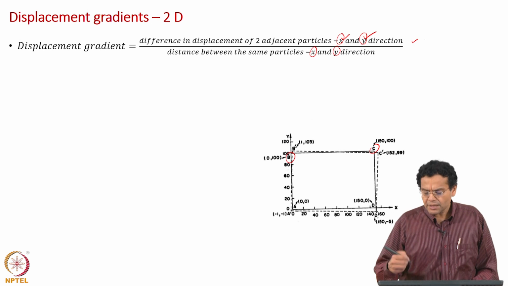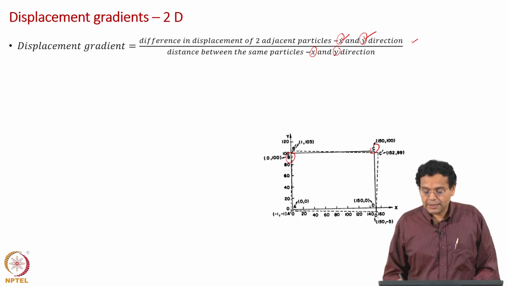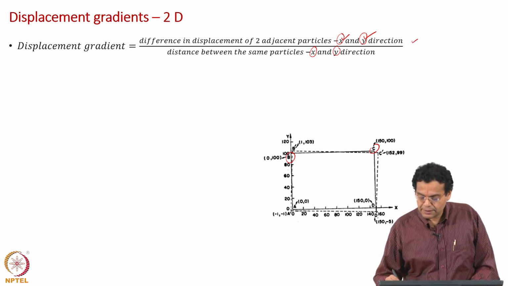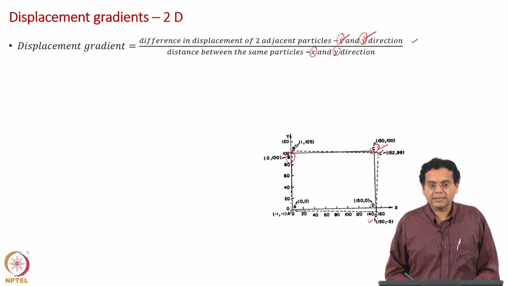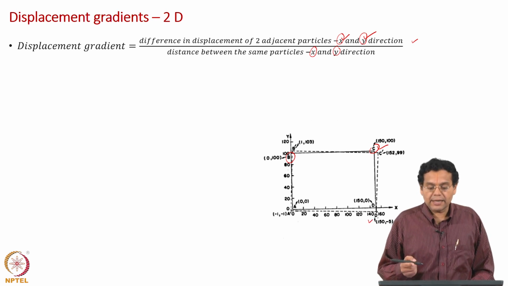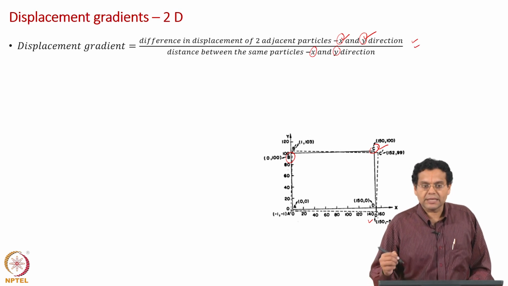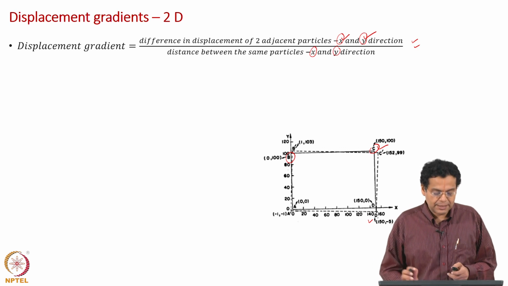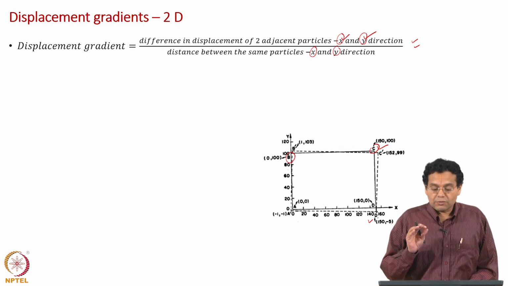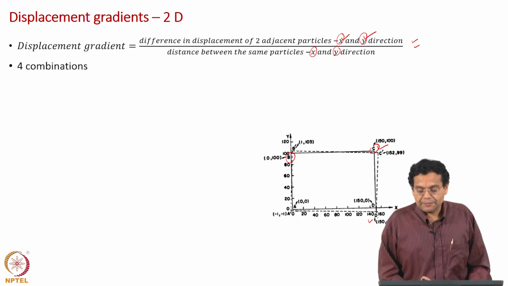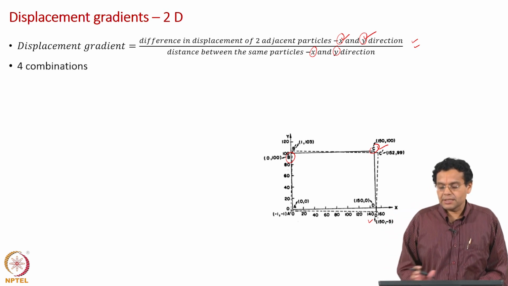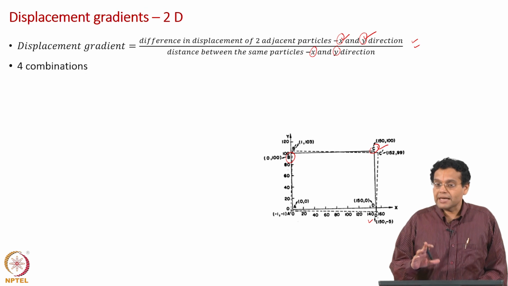Now, we can consider 2 particles along y direction, for example, C and then D, and considering these 2 particles I can calculate the difference in displacement along x and y direction. Once again you get another 2 set values. So, finally, we have 4 combinations of displacement gradient, 2 for the direction along which you are considering the particles, 2 for the direction of displacement.